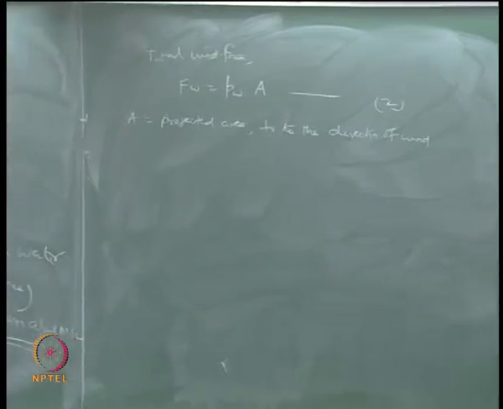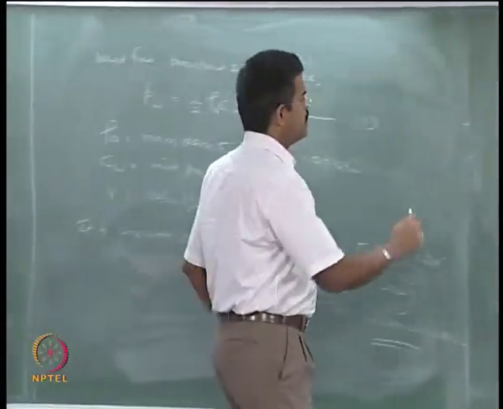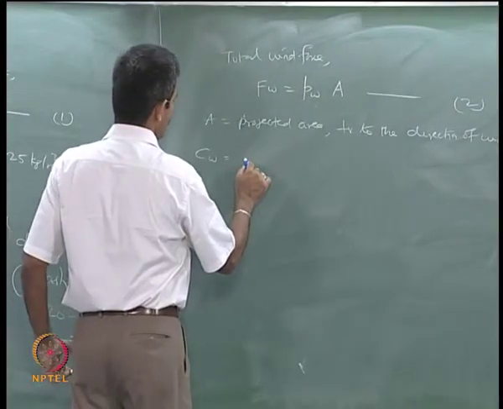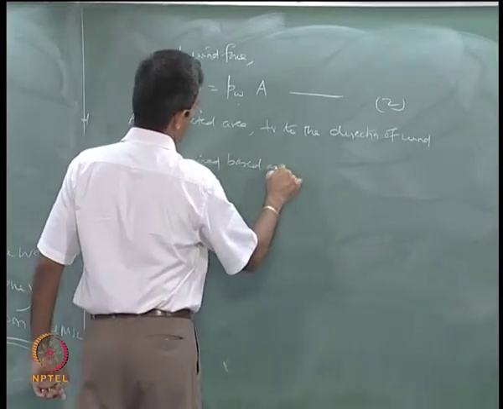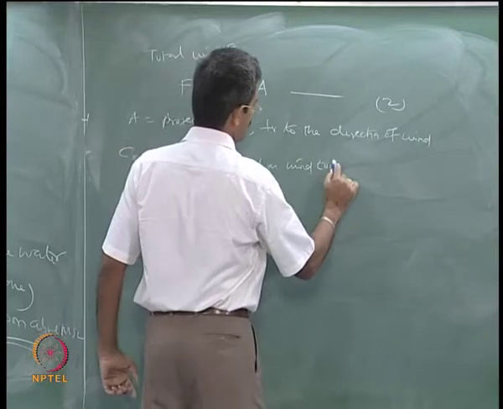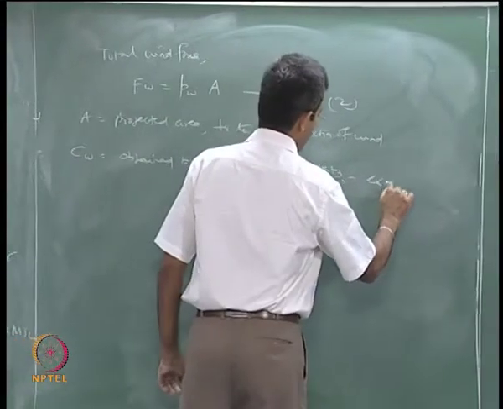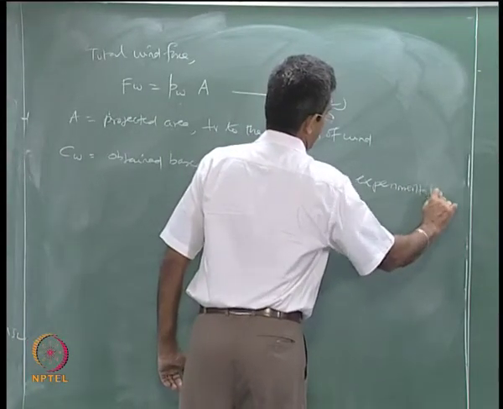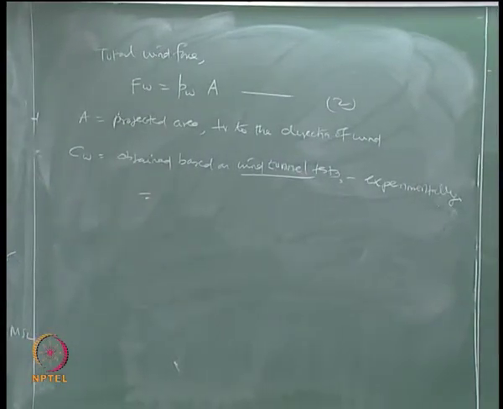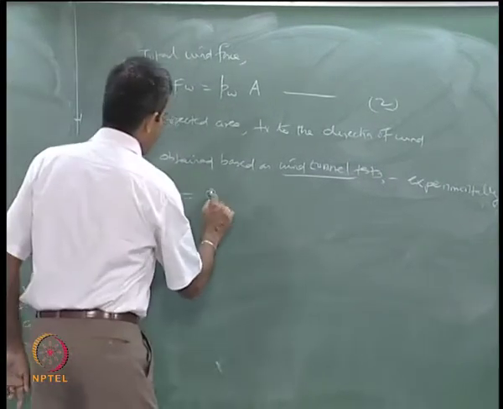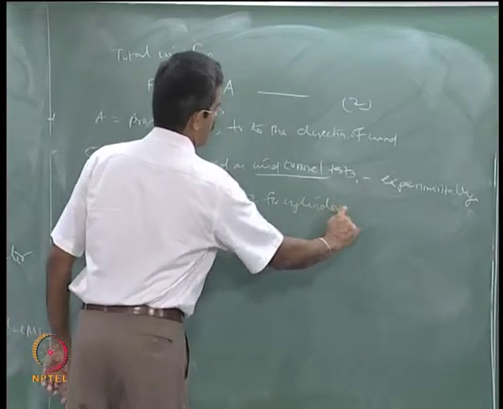Now, one is interested to know how the Cw, that is wind pressure coefficient, is obtained. Cw is obtained based on wind tunnel test experiment, and this value varies from 0.7 to 1.2 for cylindrical members.